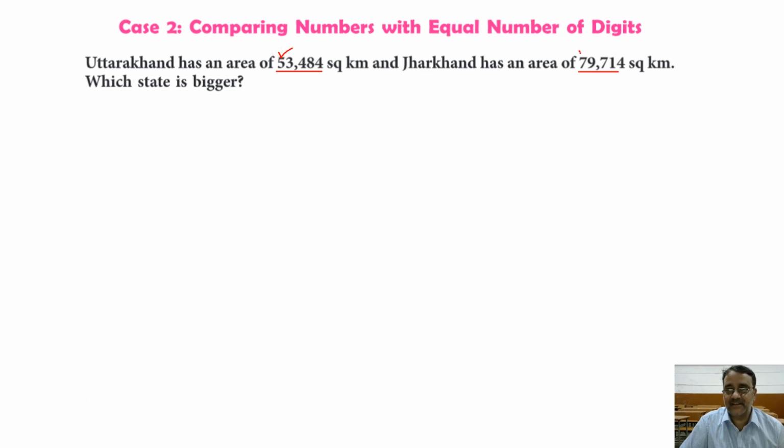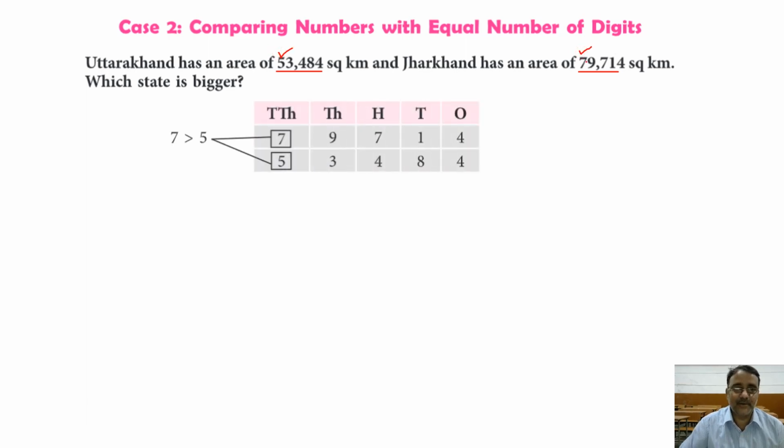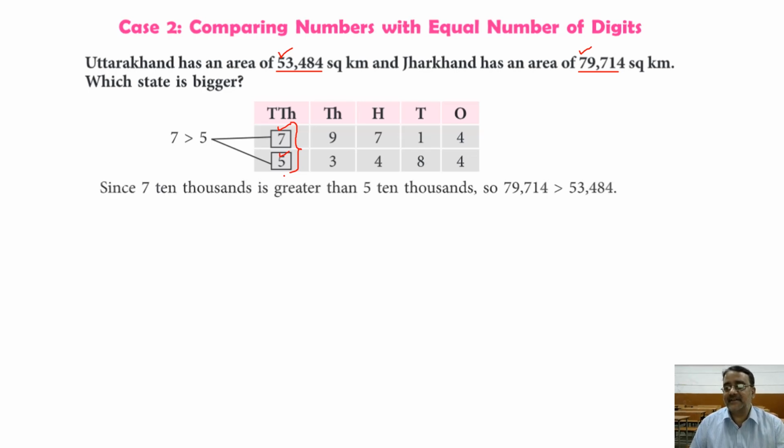See, here 5, here 7. इसको place value में मैं लिख रहा हूँ. Highest 10,000 है, इसमें 7 और इसमें 5. First you compare these 2 numbers only. जो बड़ा है, that number is bigger. See, 7 is greater than 5. So since 7 is greater than 5 in the 10,000 place, we can conclude that 79,714 is greater than 53,484.